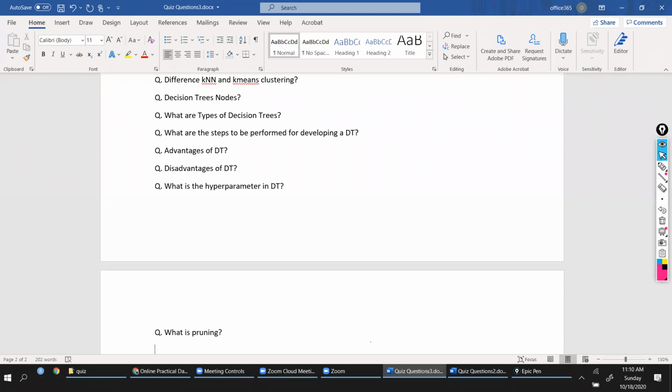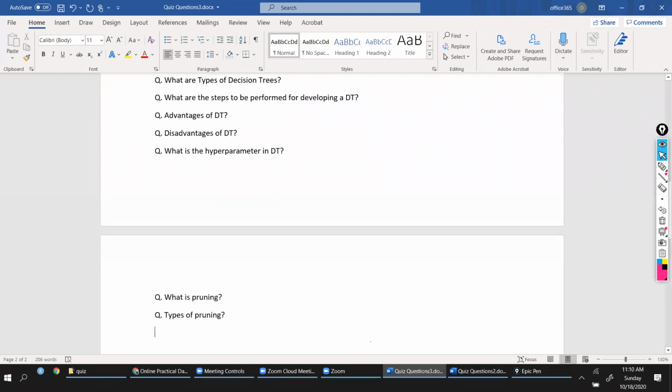Pruning means cutting the tree, and types of pruning, we say pre-pruning and post-pruning. Very good, guys.